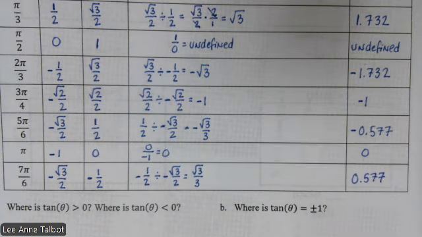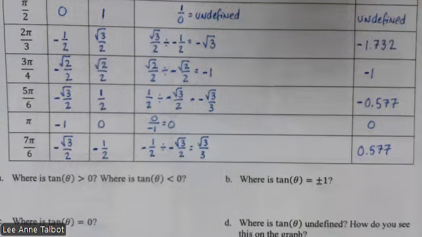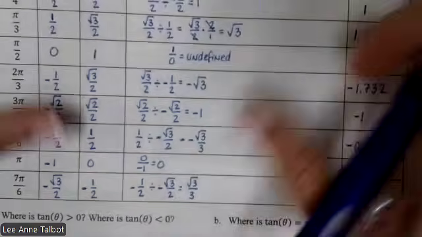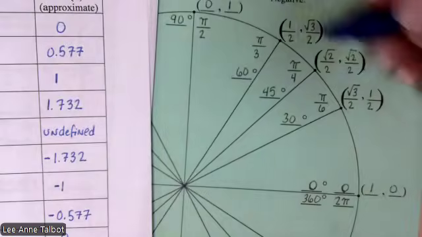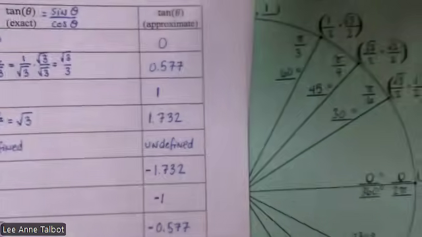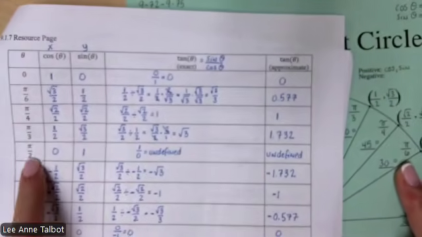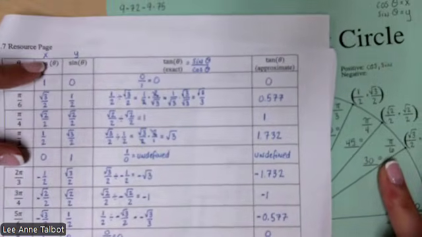Okay, now we're going to answer these questions. Where is tangent greater than 0 and where is it less than 0? And the answers to this are quadrants. Okay, so let's look up here. This quadrant is these first guys up to this. So from here to here.